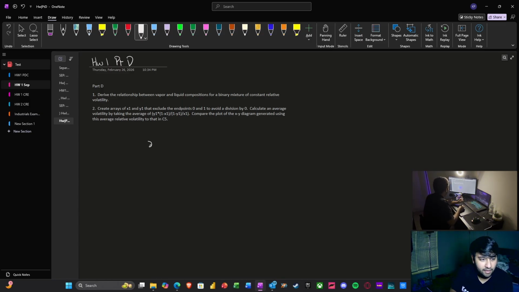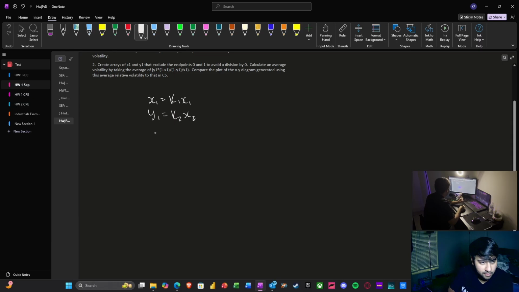So first what we're going to have is y1 equals k1 times x1 and y2 equals k2 times x2. And also I'm mentioning relative volatility. To simplify, it's going to be alpha, which equals k1 over k2.